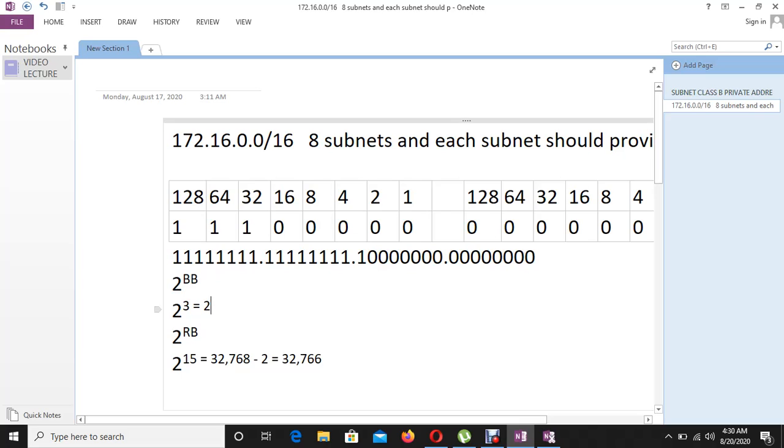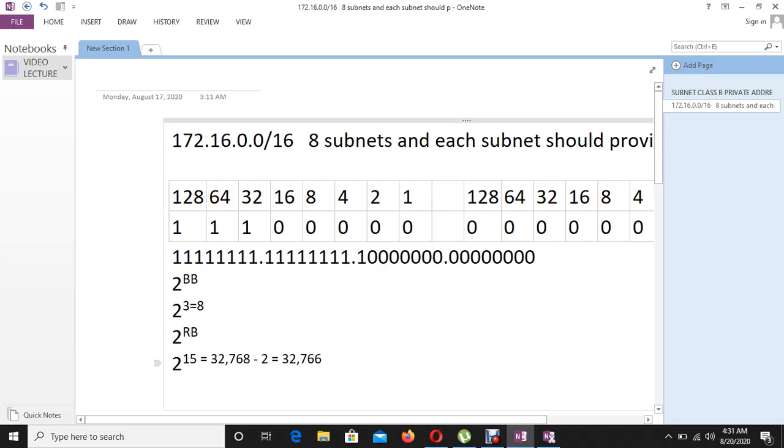So 2 to the power of 3 is equal to how much? 2 to the power of 3 is not 23. Oh my god, it's 8. You're crazy. So 2 to the power of 3 is 8, and how many bits are remaining? 3 out of 16 gives you 13.